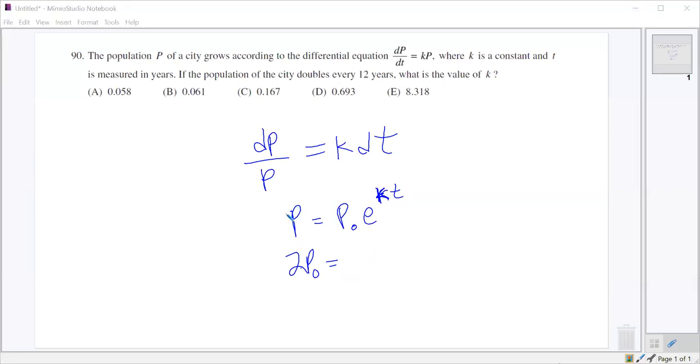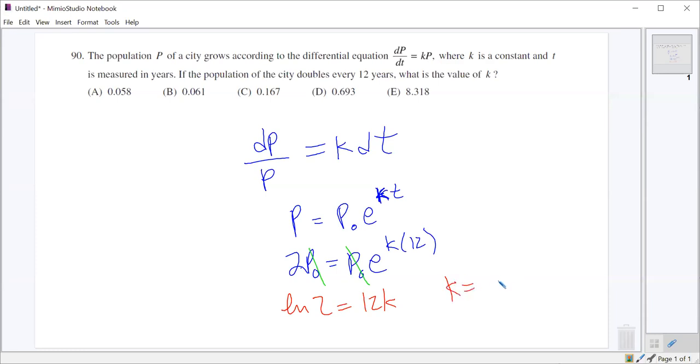The final amount is double the initial amount. So 2 p naught equals p naught e to the k times 12, because it takes 12 years to do that. We can cancel out the p naughts. Taking the natural log of both sides, we get natural log of 2 equals 12k. And so k is equal to natural log of 2 over 12.